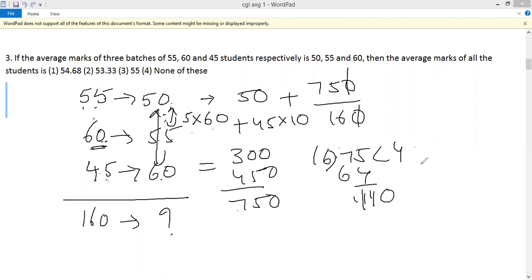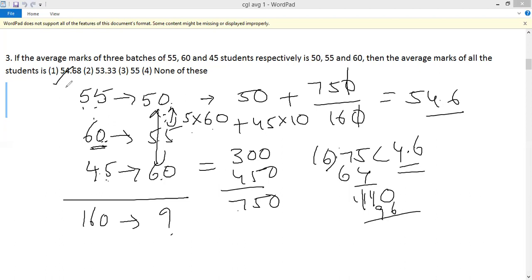Like this, we get 4 points. Next, what is the answer? 54.6. The first one is the correct answer.